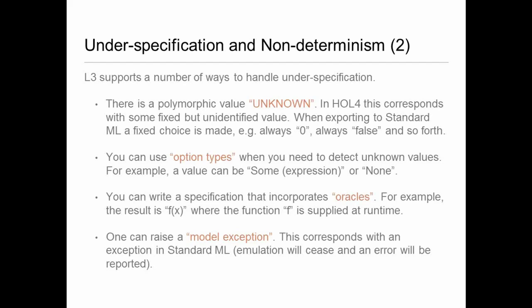Another approach which can be quite useful sometimes is to have oracles. So you can say there is some function which is going to give you the result at a particular time, but we're not specifying what this function is, and it can be supplied later on, and it can give you maybe the sequence of bytes or bits, whatever is required.